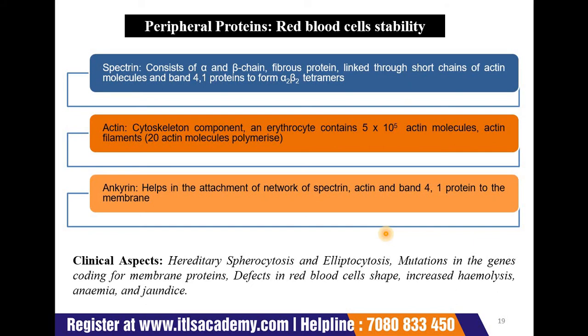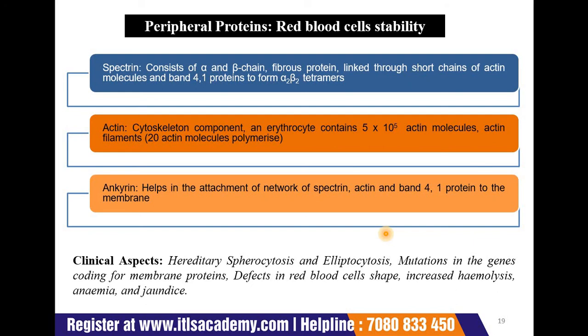Now there are certain clinical aspects associated with a defect in these peripheral or integral proteins. Basically there are hereditary spherocytosis and elliptocytosis. These are inherited genetic abnormalities of red blood cells, in which red cells occur in an abnormal shape.